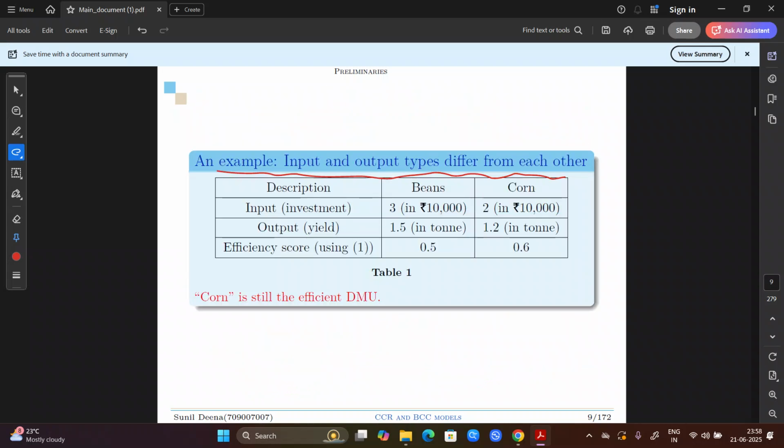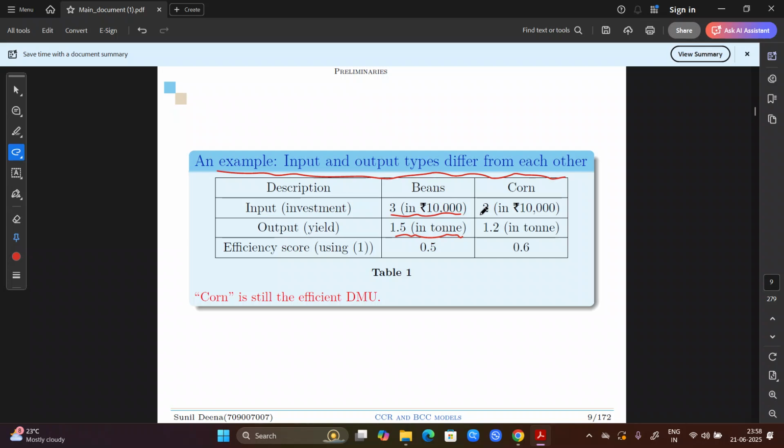Now here you can see for input, investment is 30,000, and the output is yield, that is 1.5 ton. Input is in currency and the unit is 10,000, and output is quantity, unit is ton, but we can still apply the formula 1.